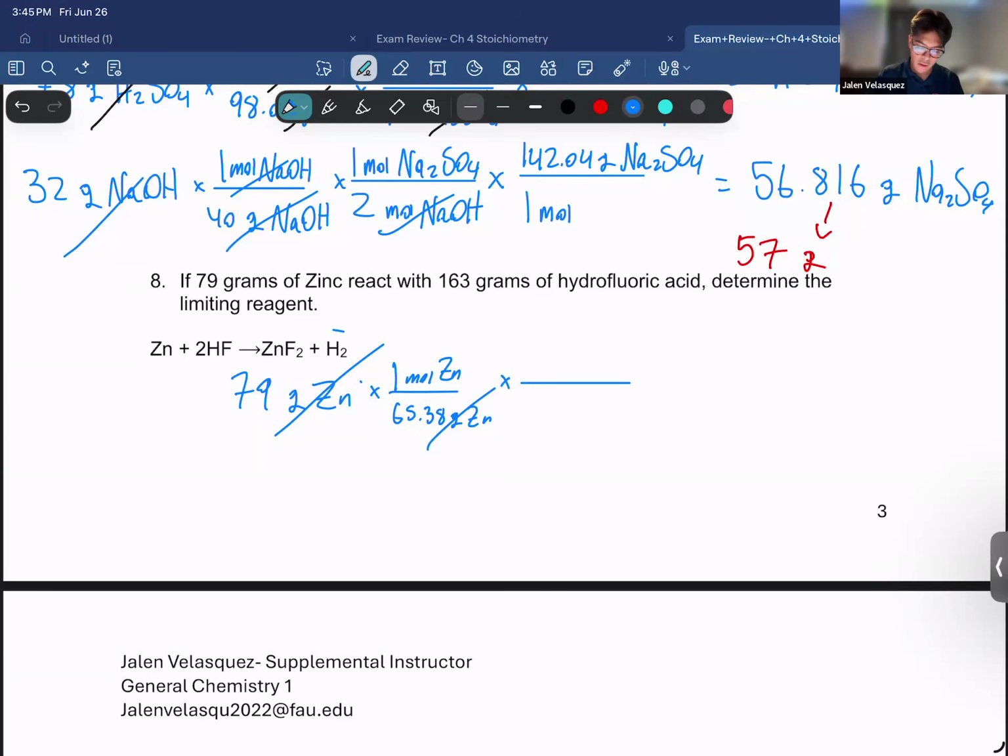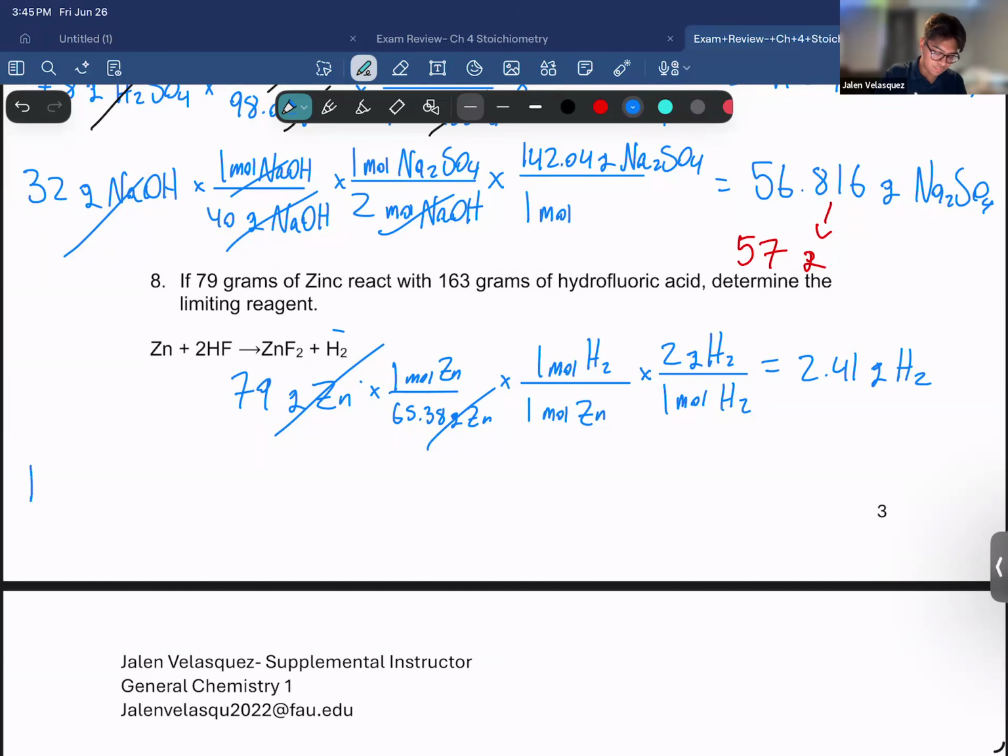So we have a 1-to-1 ratio here, and we can go a step further to get the mass. So 79 grams of zinc will give you 2.41 grams of hydrogen, and then we'll do the same thing for the HF.